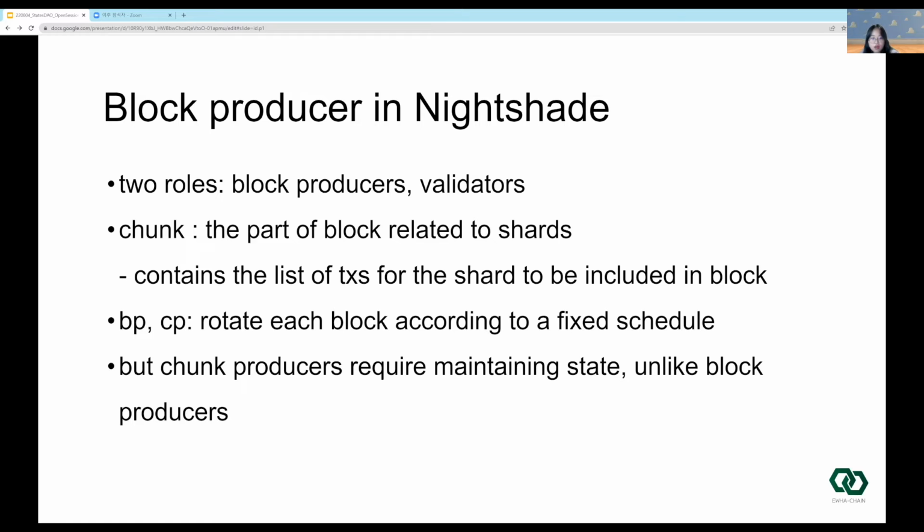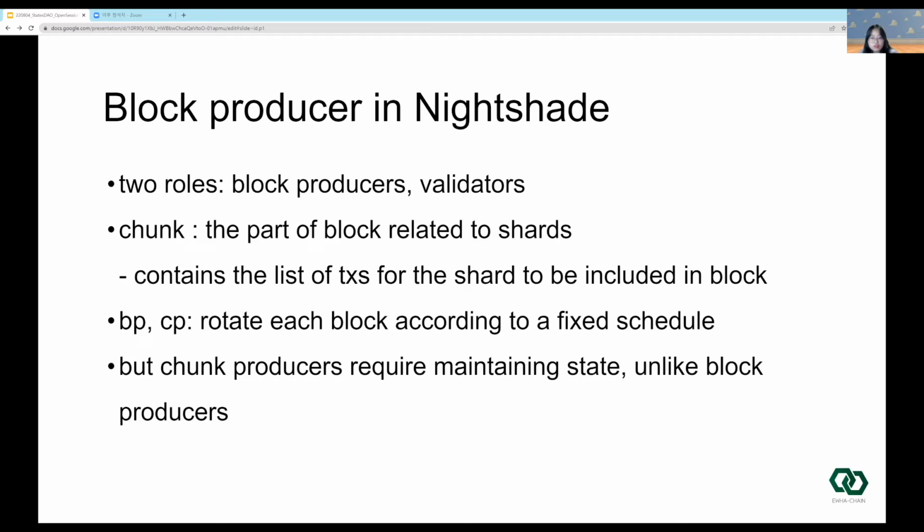Throughout the rest of the document, we often refer to the block producer that is responsible for producing a chunk at a particular time for a particular shard as a chunk producer. A chunk producer is always one of the block producers. The block producers and chunk producers rotate each block according to a fixed schedule.